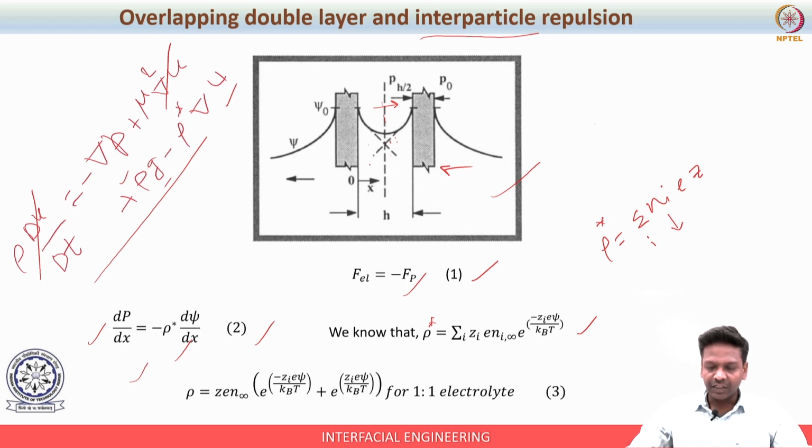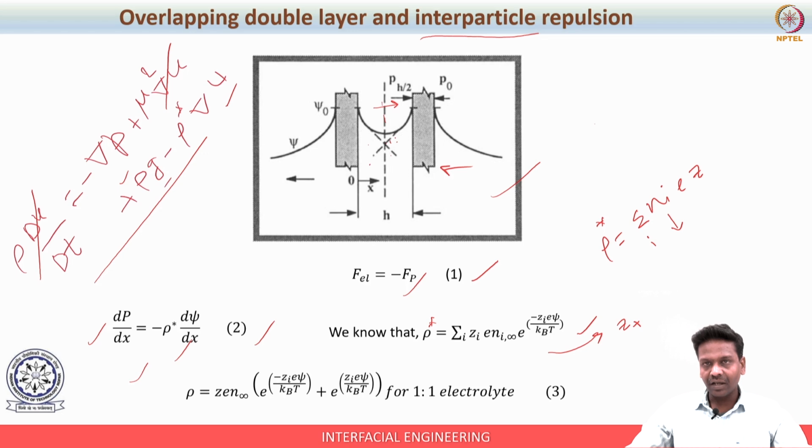Let's say I have to expand this equation for a 1:1 electrolyte. So how do we expand this? That is exactly what we will look at. If I expand this equation, let's say Z plus, and let's consider NaCl.